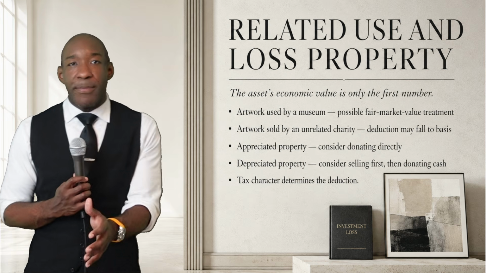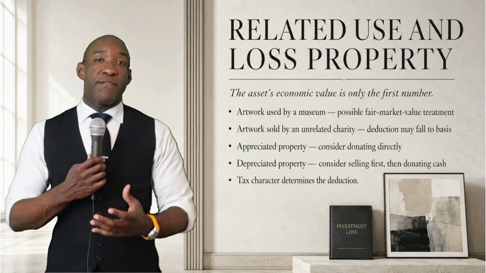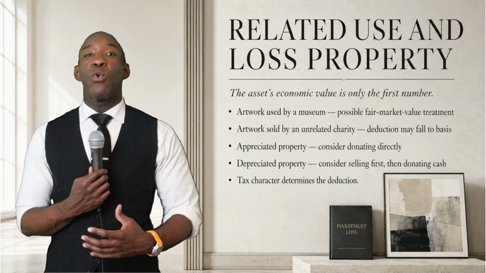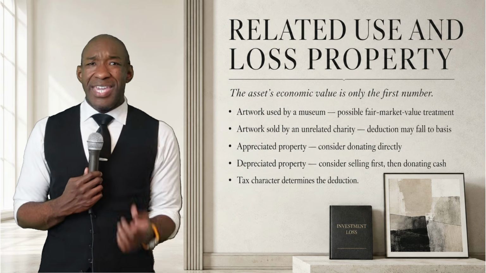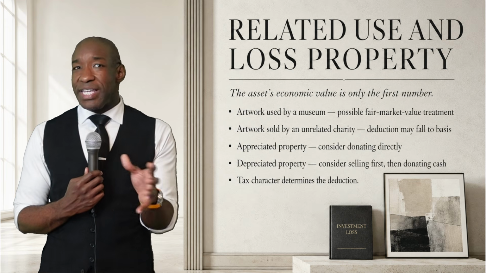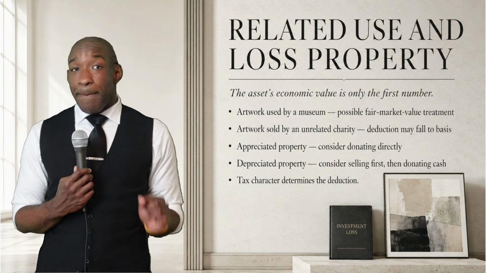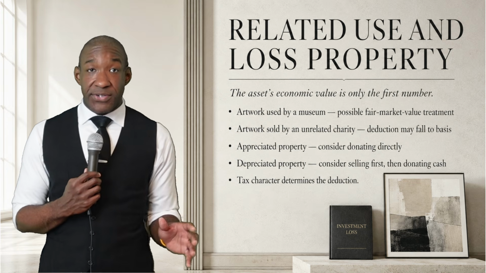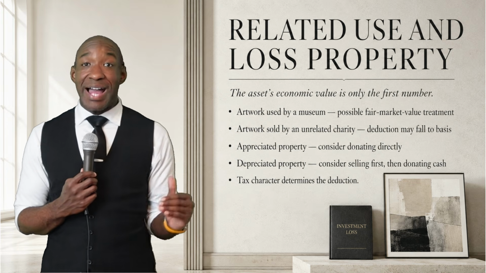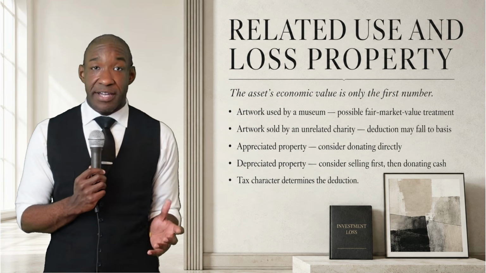Now, consider property that declined in value. Suppose a donor bought stock for $50,000 and it's now worth $30,000. If the donor contributes the stock, the charitable deduction generally cannot exceed the $30,000 fair market value. The built-in capital loss disappears. The donor generally does not get both a charitable deduction and a capital loss for the same decline.